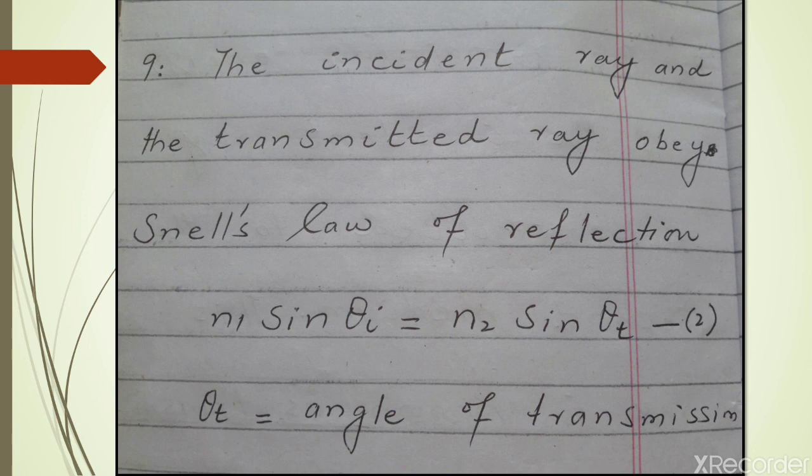Here n1 is the refractive index of medium number 1, theta I is the angle of incidence, n2 is the refractive index of medium number 2, and theta t is the angle of transmission of the transmitted ray.